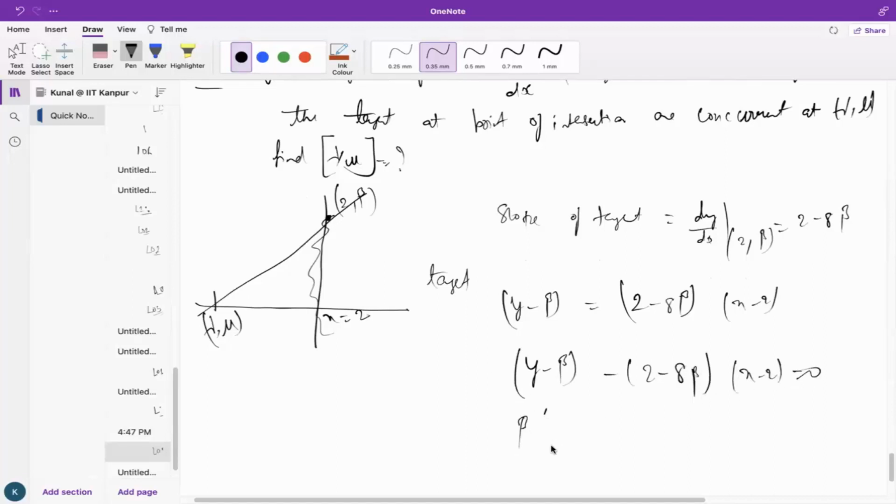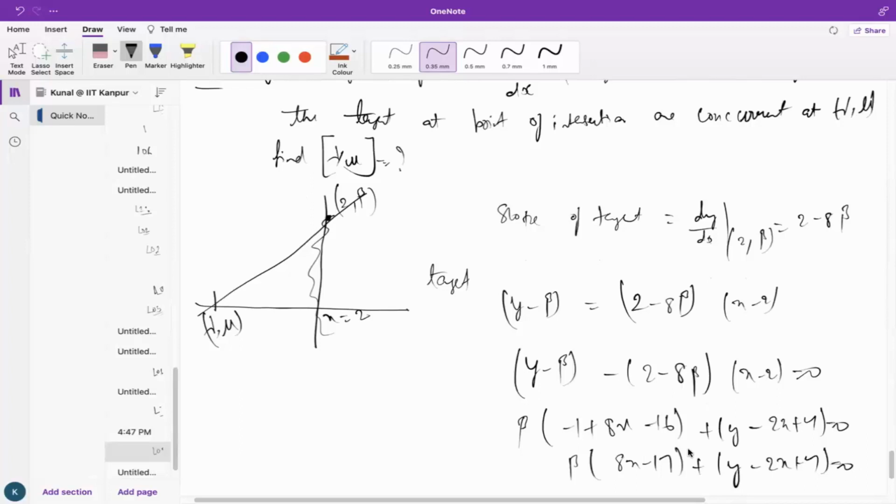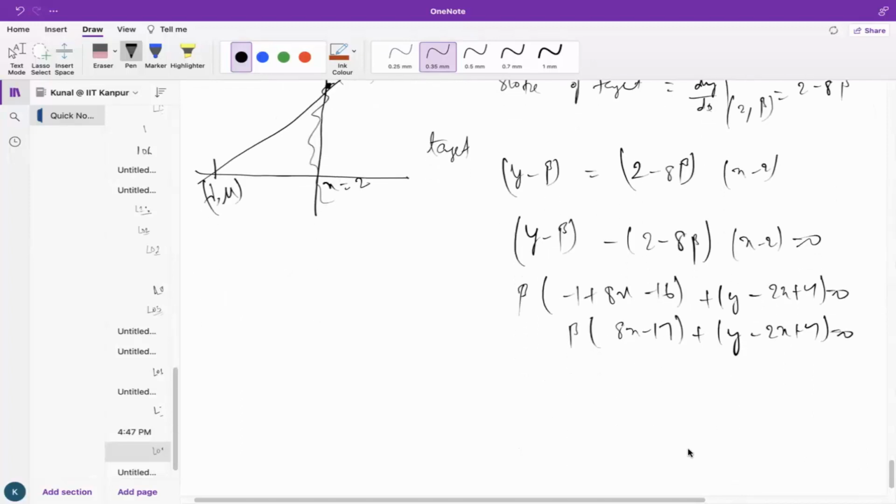So what will we get here? We get beta times minus 1 plus 8x minus 16, plus y minus 2x plus 4 is equal to 0. So here we get two values: 8x minus 17 is equal to 0, and y minus 2x plus 4 is equal to 0. So we have to take the intersection of both curves. It always passes through 17 by 8 and 1 by 4.